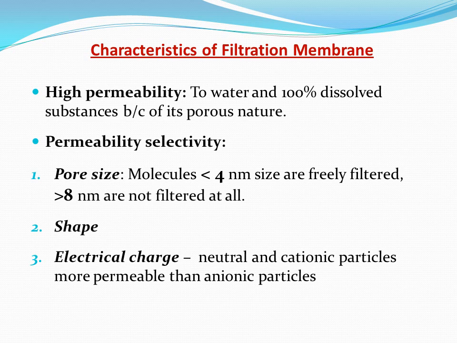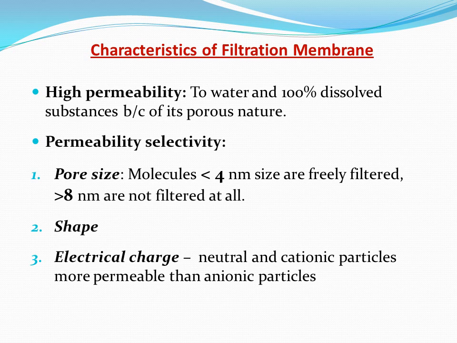Of which the most important is the pore size, the size of the molecules that have to be filtered. As I've told before, for the endothelial cell layer the pore size is around 50 to 90 nanometer, but because they are negatively charged, negative ions will repel.